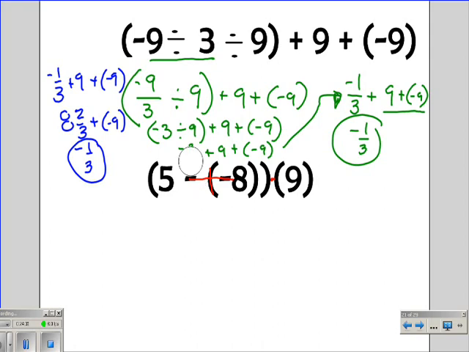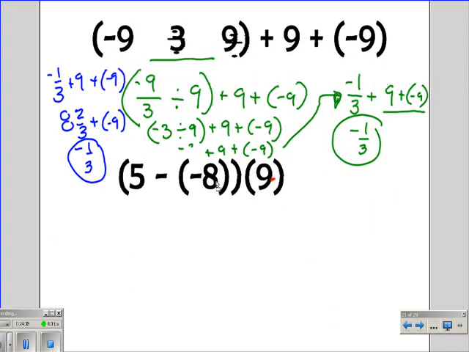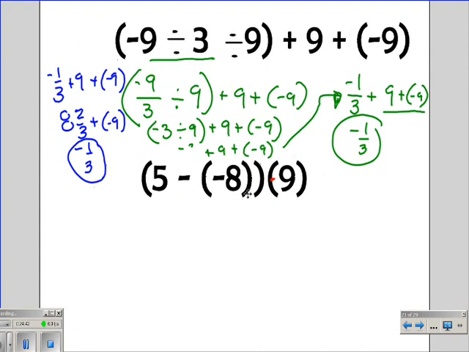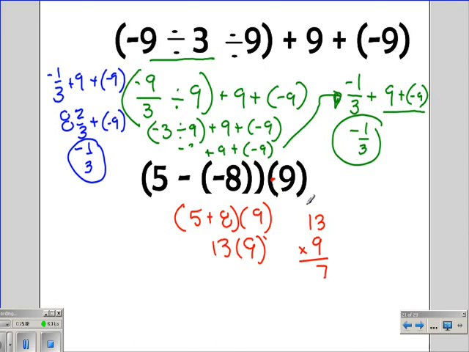So if I'm looking at 5 minus negative 8, I might think about that as 5 plus 8 times 9, which is 13 times 9. And 13 times 9, hopefully you have your calculator and you've already done this, would be 117.